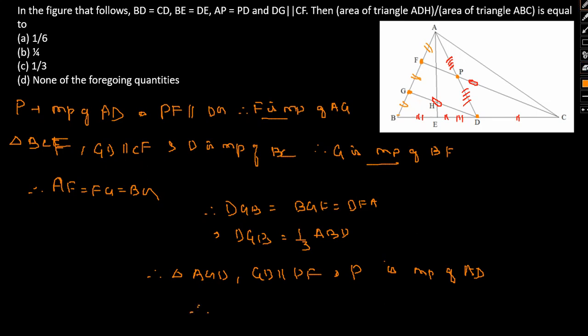So therefore H is again the midpoint of GD. So if you go by the options, option C comes out to be the correct one.